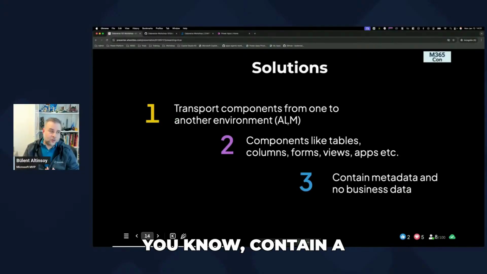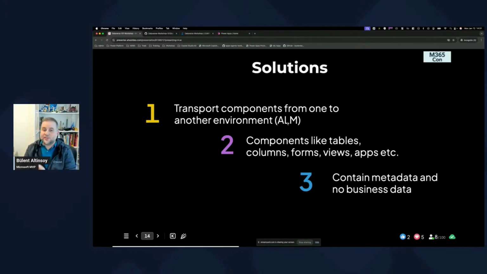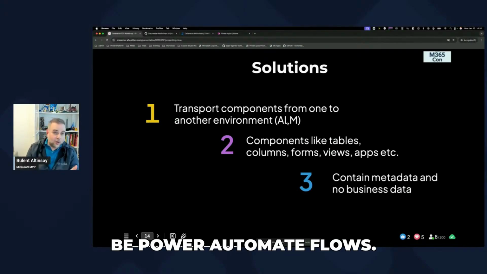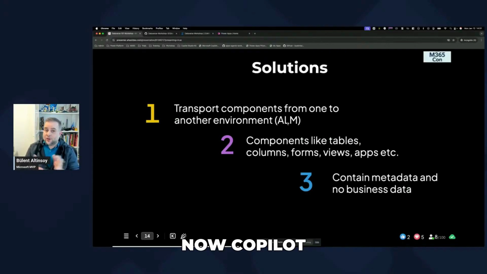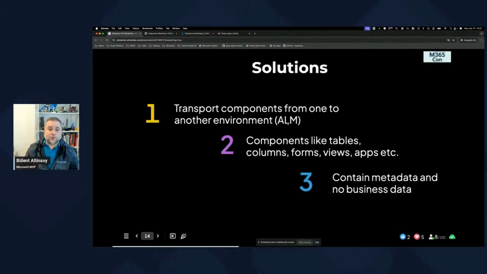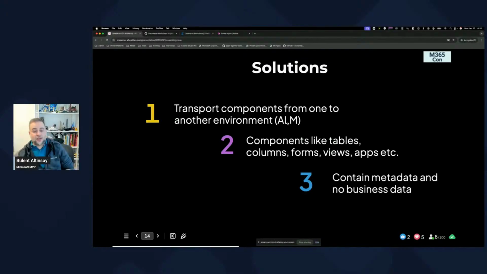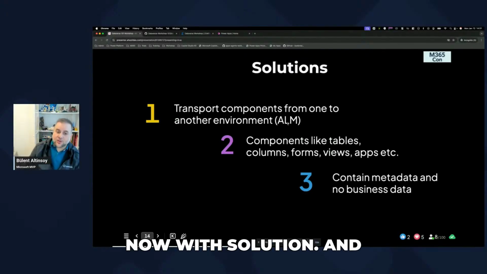A solution can contain a lot of so-called components. That can be tables, columns, forms, views, apps, but also Power Automate flows. It can now also be Copilot Studio agents, for example. It can be environment variables. It can be a lot. A lot of these components, also called artifacts, can be transported with solutions.